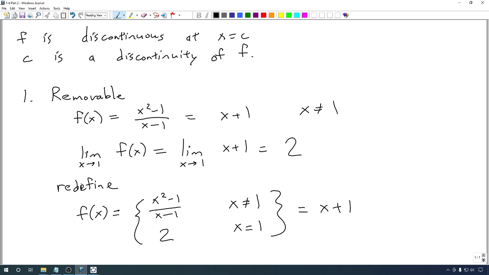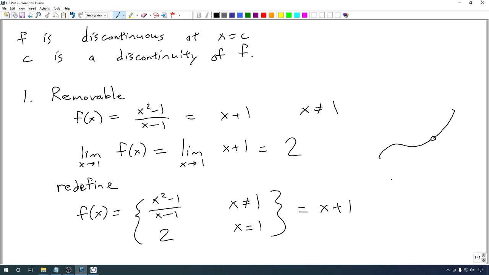If we hadn't defined the function there, we could still remove the discontinuity even though we can't simplify it down to one formula. But basically, removable discontinuities are any place where we would have been able to just keep drawing it, but there was a hole. And we just fill in that hole. That's the idea here.